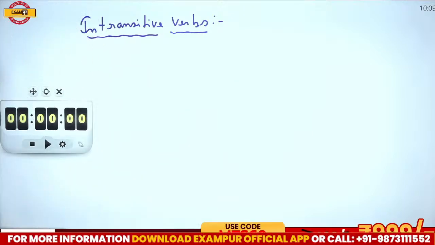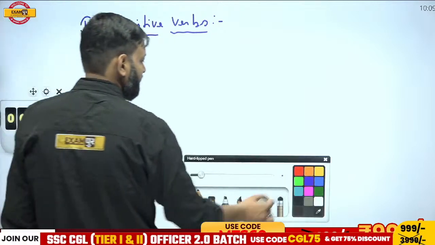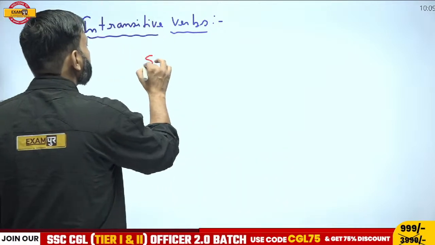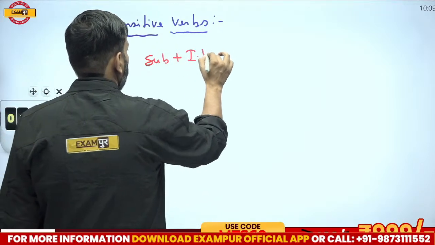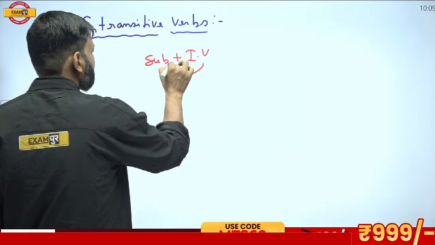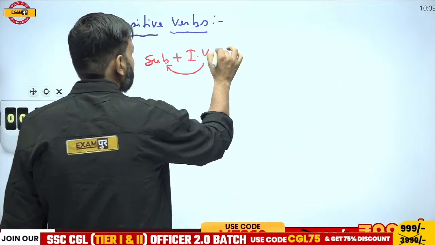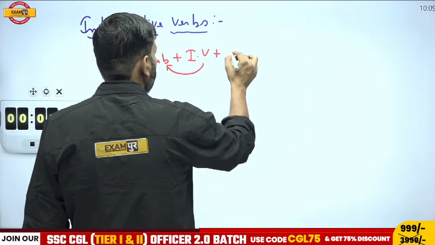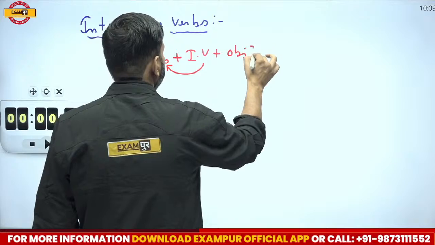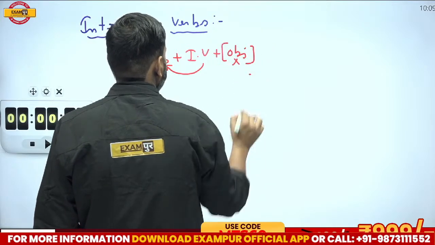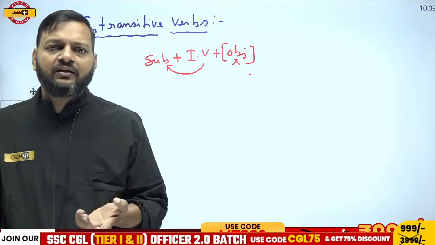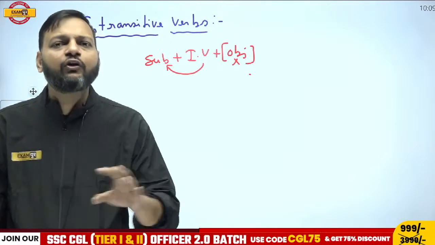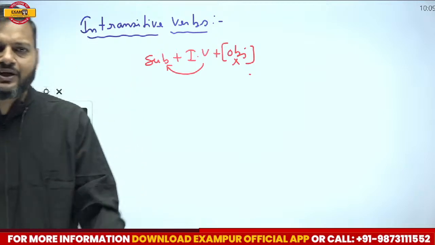Verbs which are used to reflect the subject itself and are not followed by an object are called intransitive verbs.